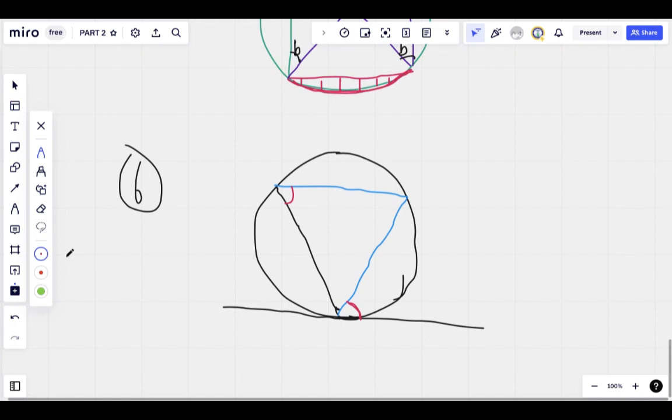Then, using another color, maybe dark blue, this angle, exterior on the left, will be equal to the far interior on the right.